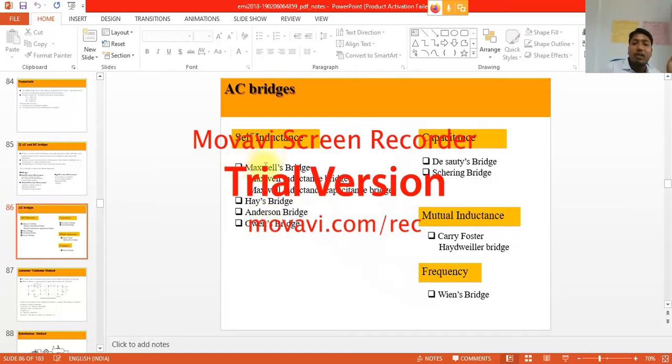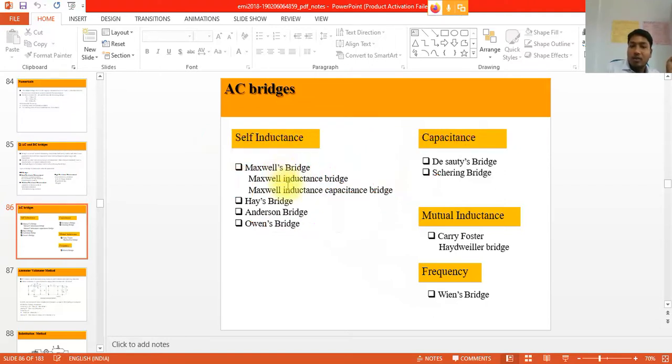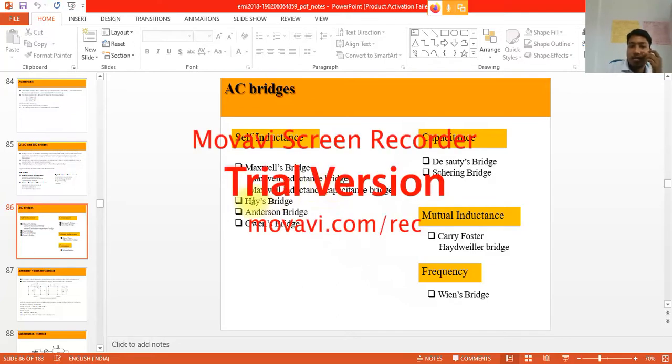To measure the self-inductance of a circuit, we use Maxwell's bridge. Maxwell's bridge comprises two methods: first is the Maxwell inductance bridge and second is the Maxwell inductance-capacitance bridge. Third is Hay's bridge, then Anderson bridge, and Owen's bridge.